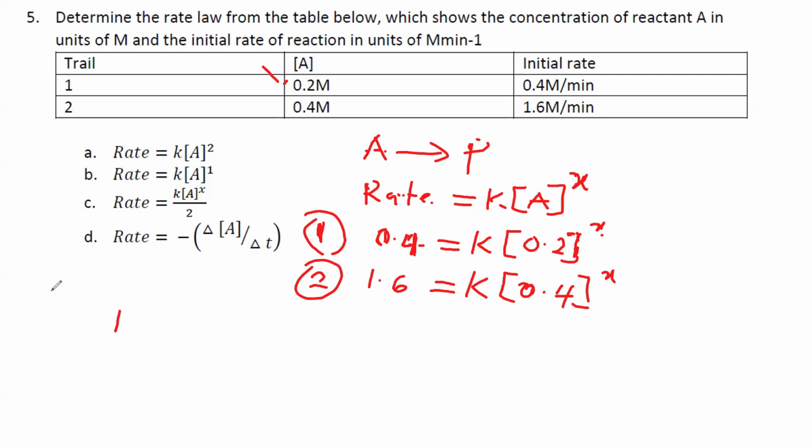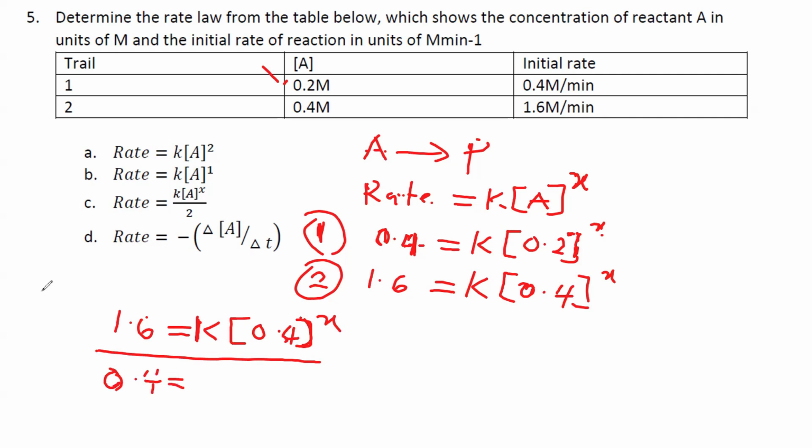Equation 2 has the rate 1.6 equal to k into 0.4 in brackets to the power x. For experiment 1, we have 0.4 equal to k into 0.2 in brackets to the power x. Then the k here will cancel the k here.